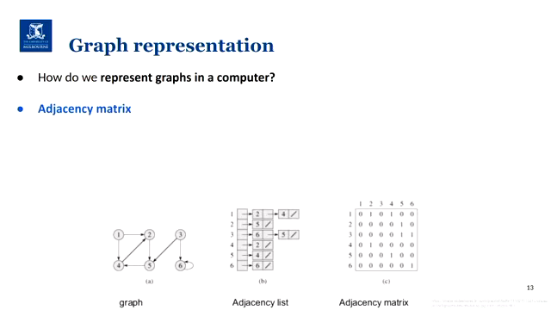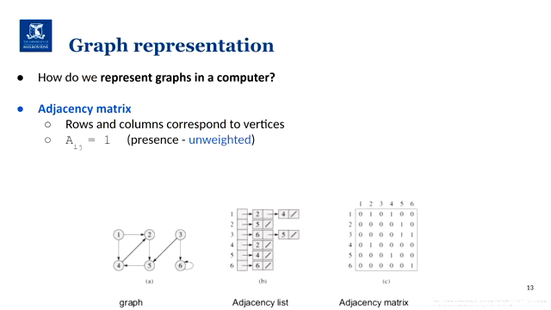The first one is using an adjacency matrix. In an adjacency matrix, the rows and the columns will correspond to the vertices. And let's say that a given element, aij, will receive a value depending on the type of graph you're modeling. Let's say a12 equals 1 if there is an arc from 1 to 2, or a given value if you have a cost associated with the arc.